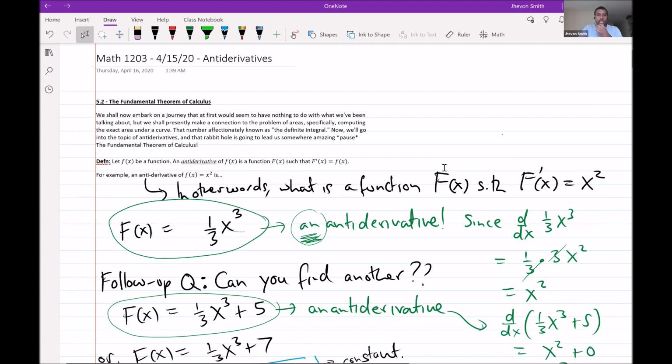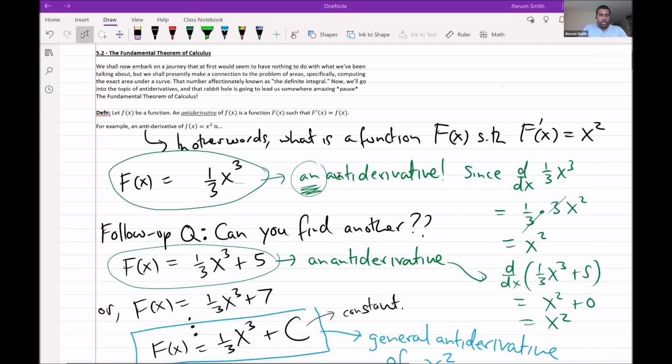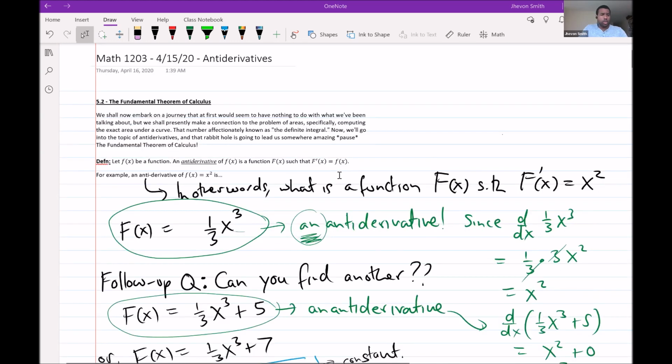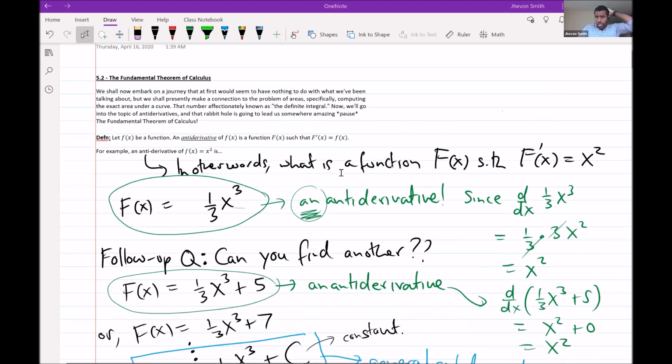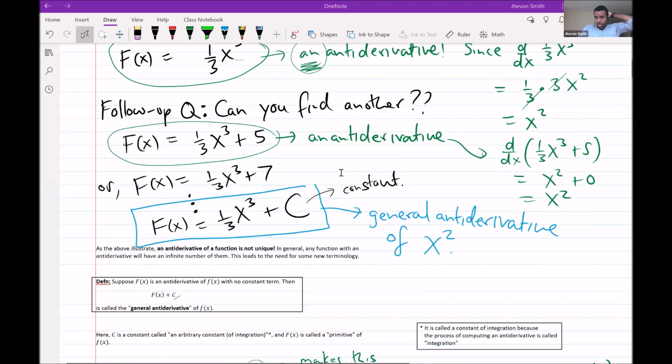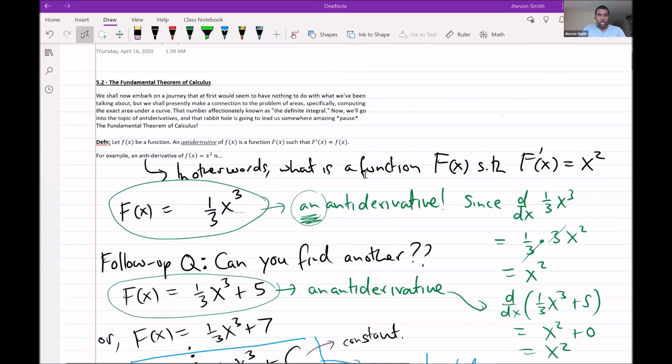So this was what the last lecture covered. And this was talking about antiderivatives, which hopefully, are you guys all caught up with the lectures? Do you remember the antiderivative lecture? I'm going to just run through it quickly and then we will continue.